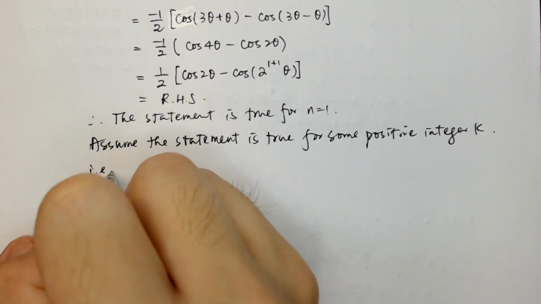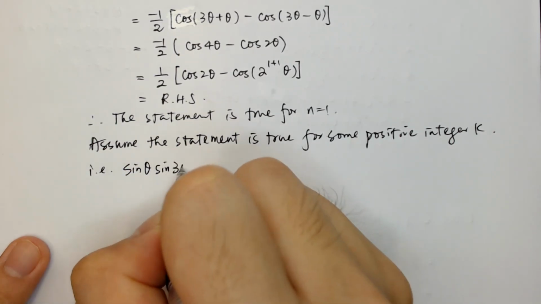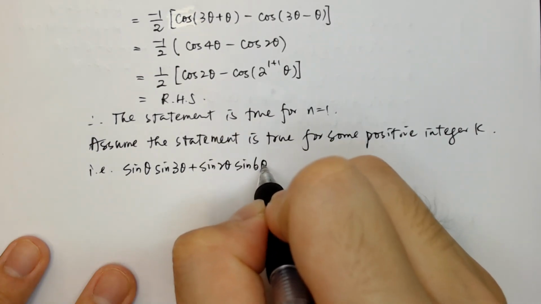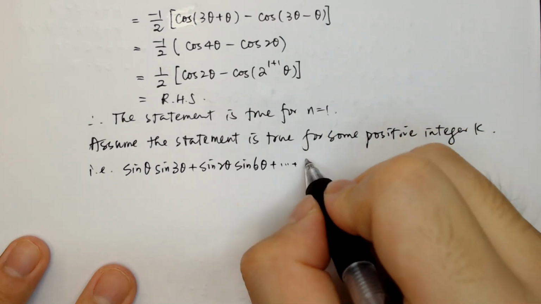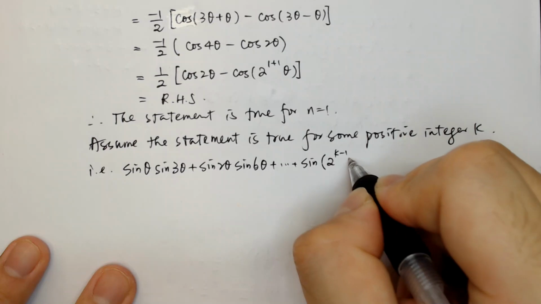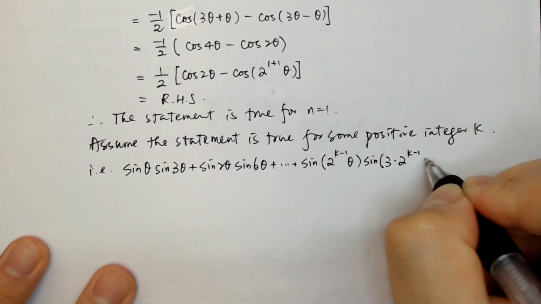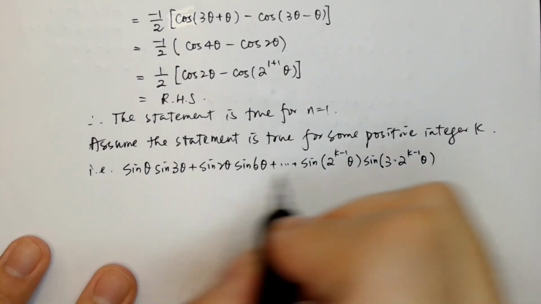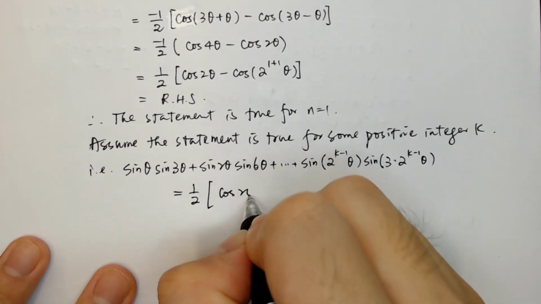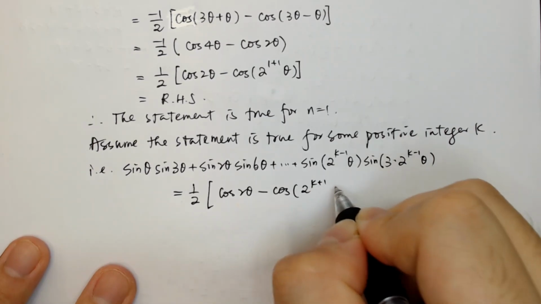And that is this one, which is equal to half of cosine 2 theta minus cosine of 2 to the power of k plus 1 theta.